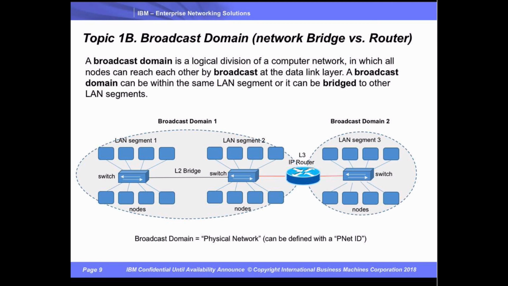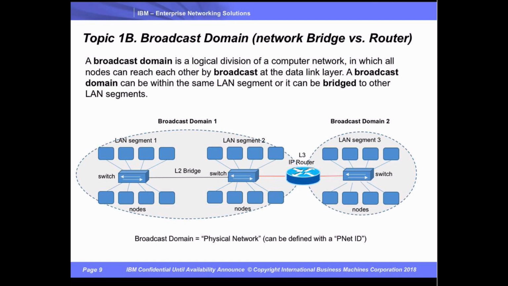What you'll see us use often in our publications is we'll refer to a broadcast domain as a physical network or a physical network identifier that you can define for some of our z/OS configuration that helps us identify what physical network you're attaching our host adapters to. So again, broadcast domain and LAN segments are provided here as background, and just know that a broadcast domain essentially represents a physical network.